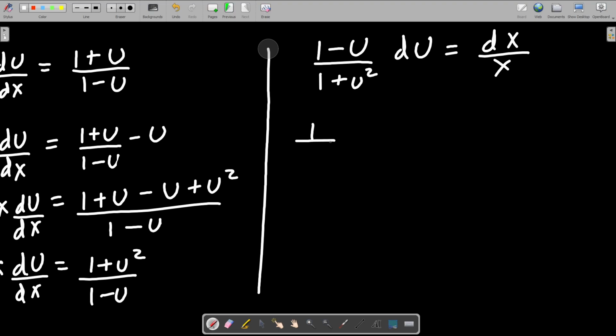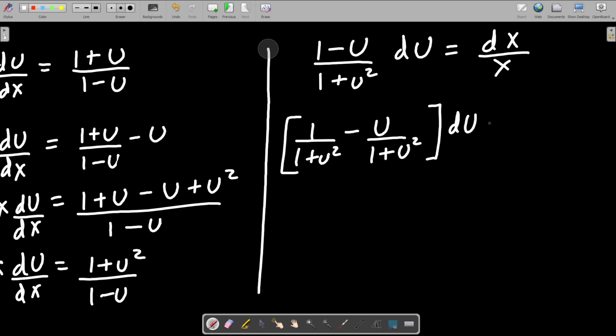This I know can be integrated by writing it as 1/(1 + u^2) minus u/(1 + u^2), separating the numerator, du, and this is (1/x) dx. Now I'll do this directly. I know that this integral is tan inverse of u. For the other integral, the numerator can be expressed as the derivative of the denominator.